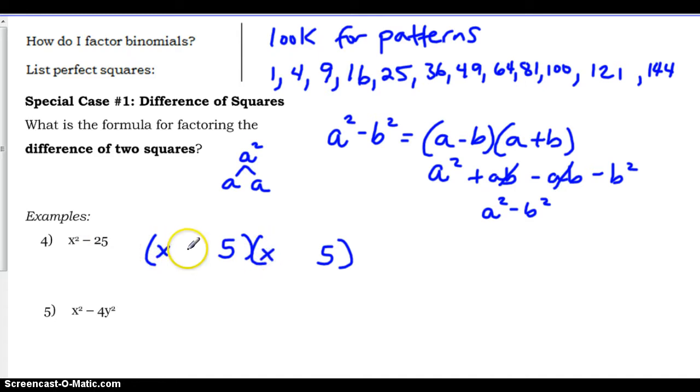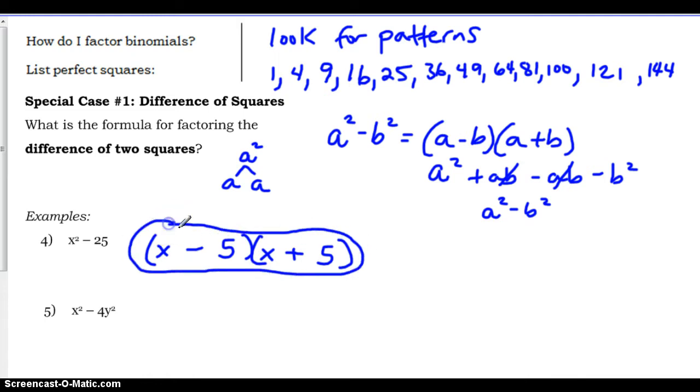The only way the middle terms would cancel out is if one is a minus and one is a positive. If you don't like using the formula, you can use logic to help you find your answer. So a squared minus 25 would be a minus 5 times a plus 5.